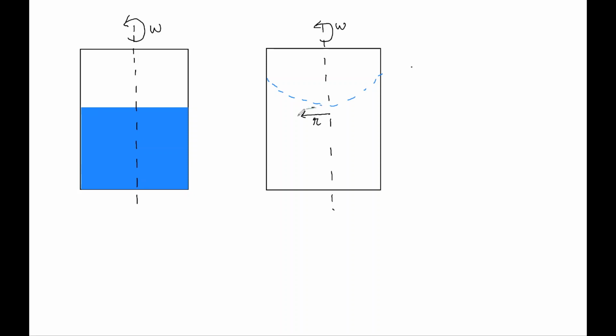Think of a circular element here, in the fluid, of radius r. By drawing this circular element of radius r, we are able to explain that this circular element is experiencing a centrifugal force in the radially outward direction.